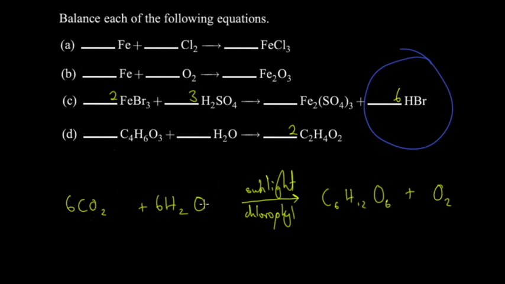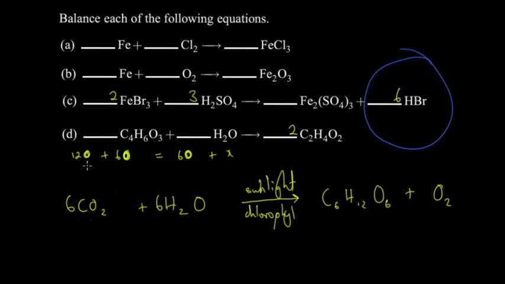And then this one is 6. So you have 12 oxygen here plus 6 O here, equal to 6 oxygen here, and then we have an opportunity to balance this out.